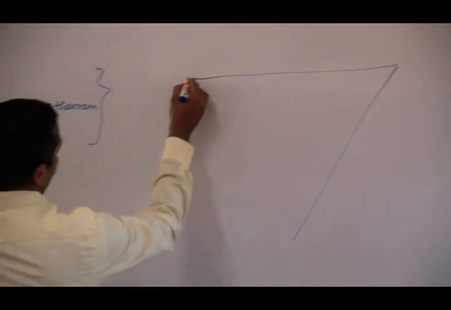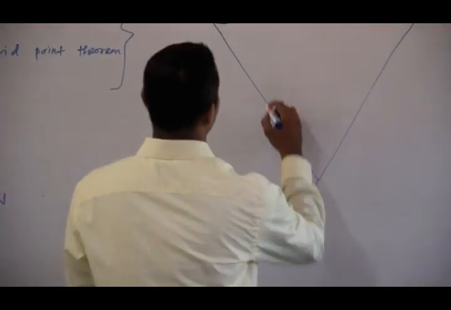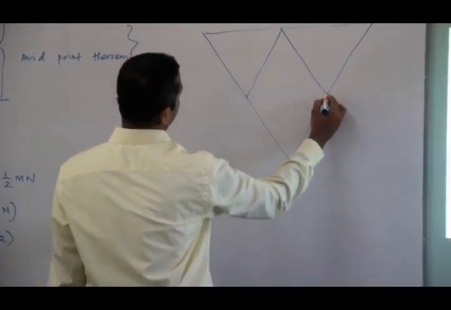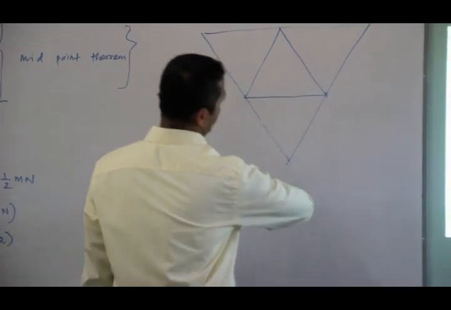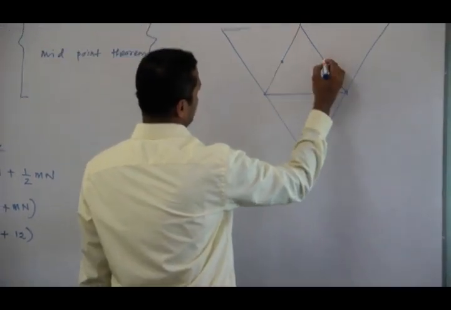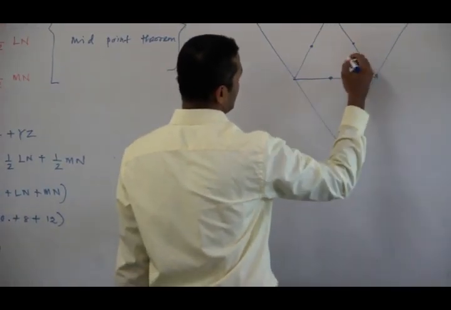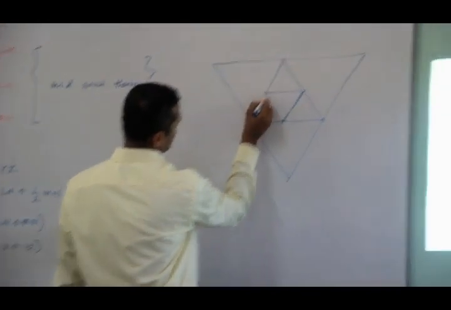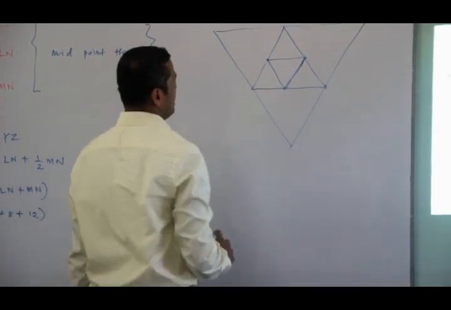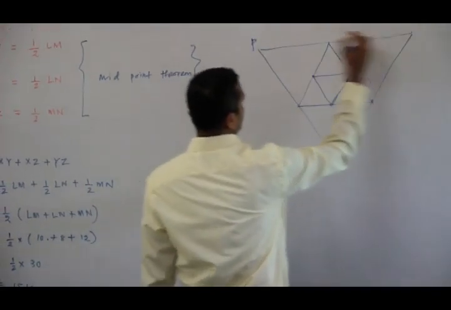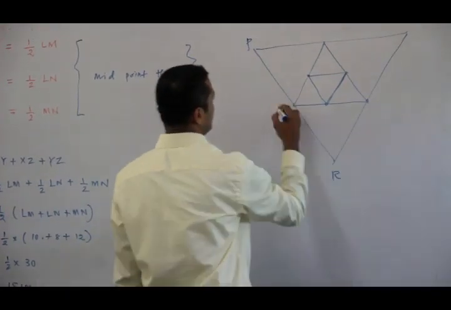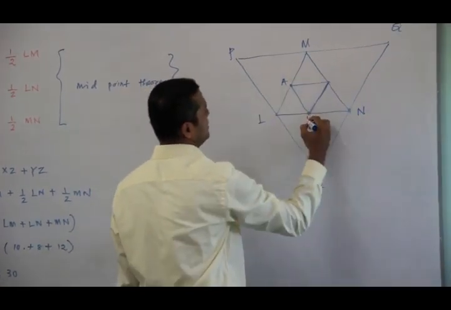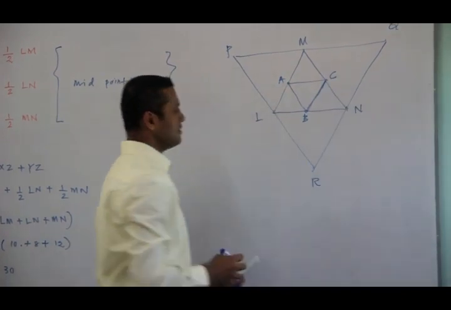You are given a large triangle and another triangle is made by joining the midpoints of that large triangle, and one more triangle is made by joining the midpoints of that particular triangle. Okay, this is P, Q, R, L, M, N, and this is A, B, C.